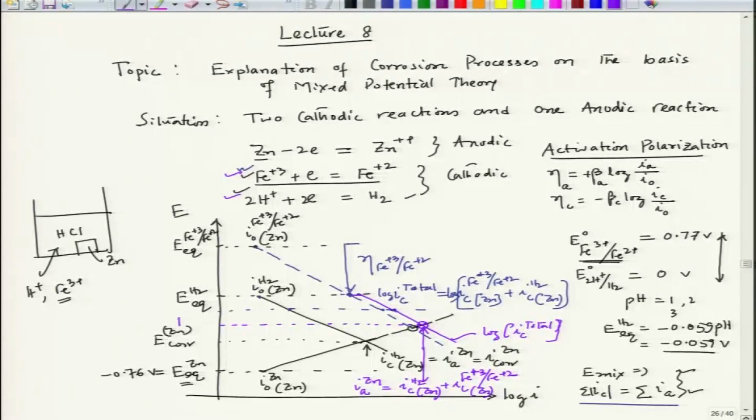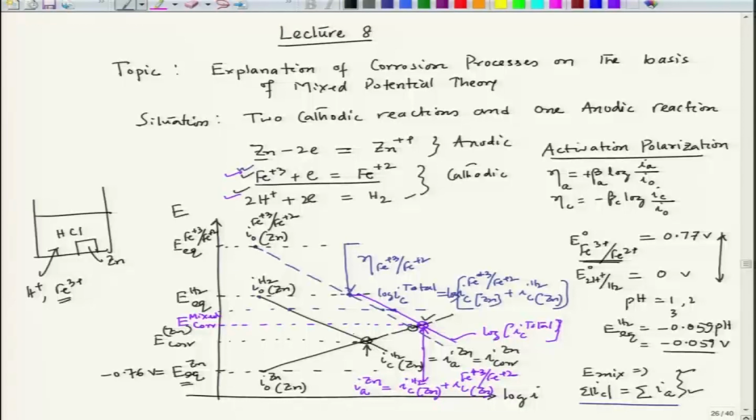So, this is E corrosion mixed. This purple line and the black line for the zinc anodic line cross, and that is the point the system would try to reach, and the corrosion rate of zinc would shift from this point to this point.